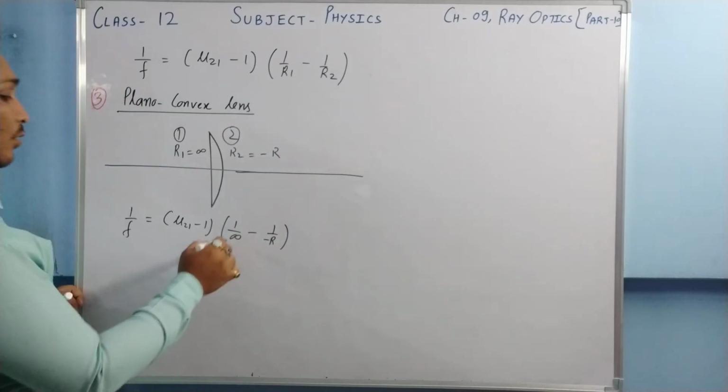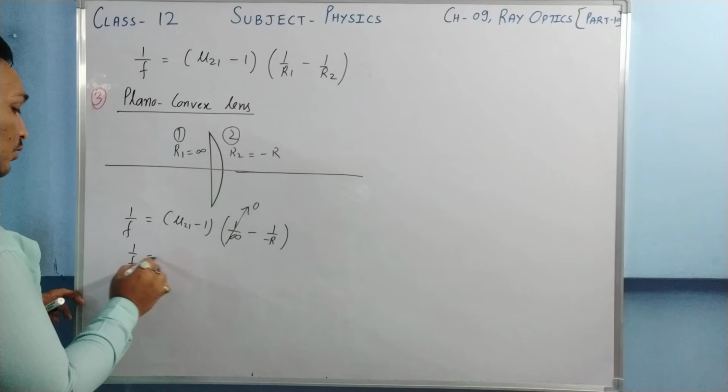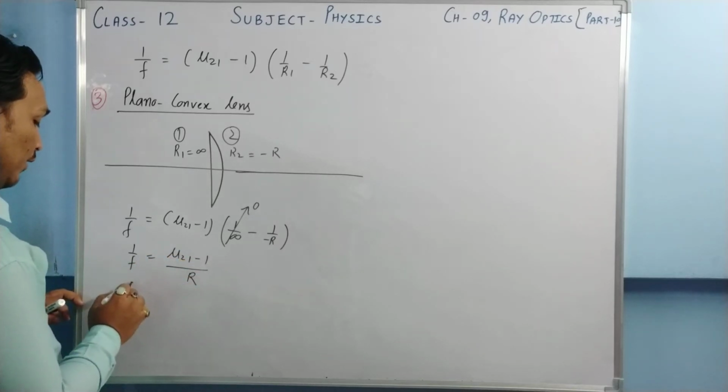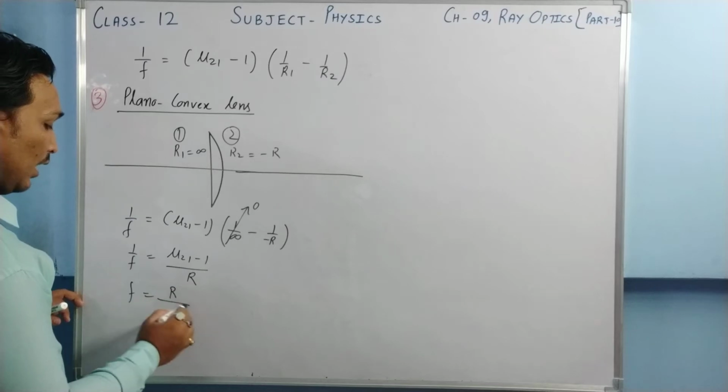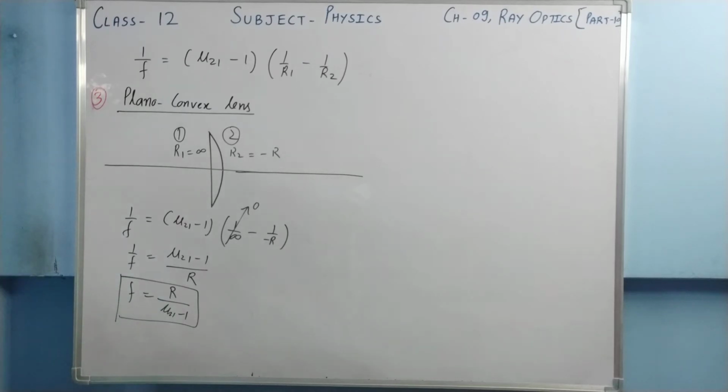Minus and minus become plus, and 1 upon infinity goes to 0. So we have 1 upon f equal to (mu21 minus 1) upon R, or f equals R upon (mu21 minus 1). This is the focal length of a plano-convex lens.